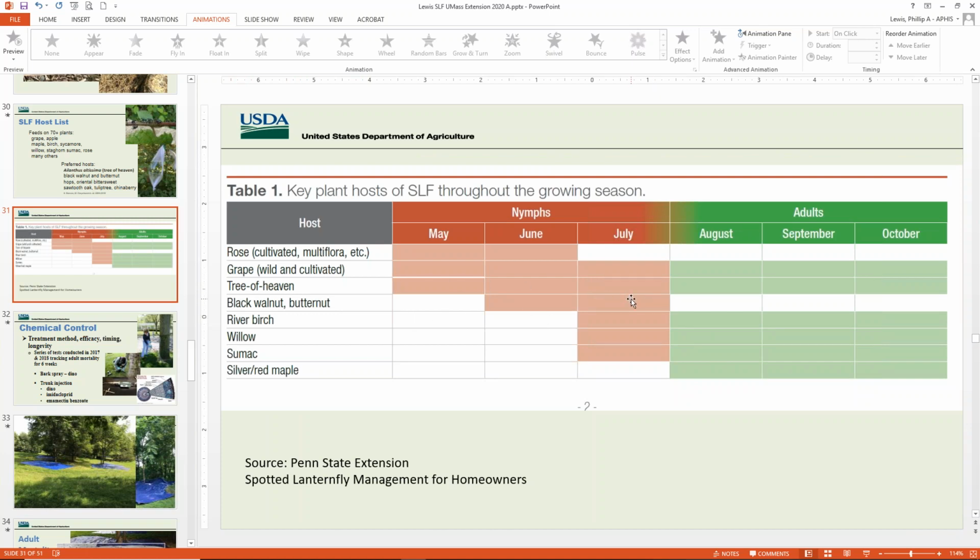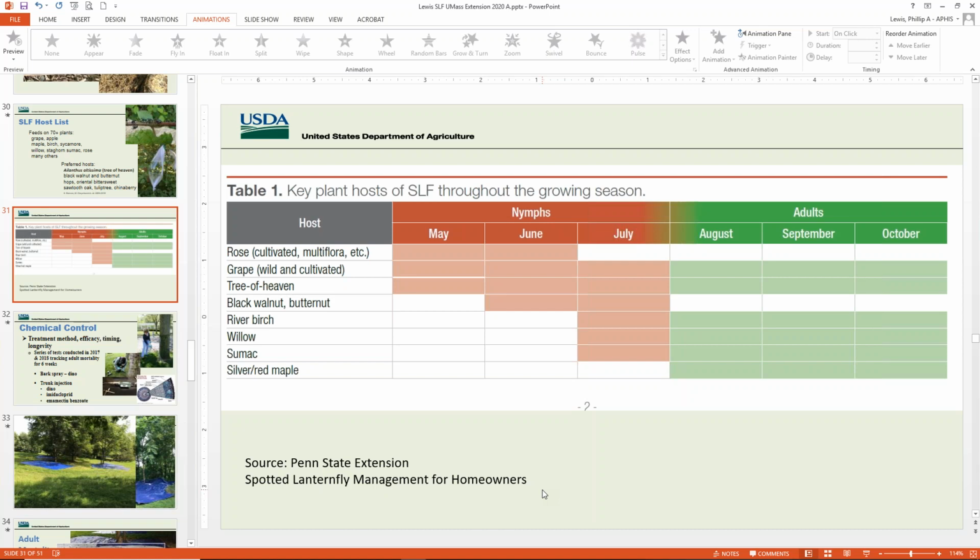You know, I'm not sure, but if you could contact Penn State Extension, the person who could answer that question for you would be Heather Leach. She's one of the authors on this publication. So if you type in Penn State Extension lanternfly, you'll see the homeowner guide, and then the online version will have Heather's contact information.